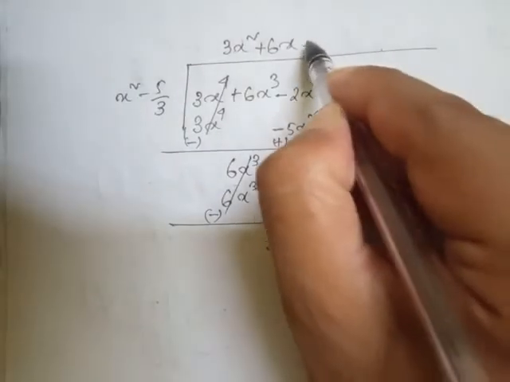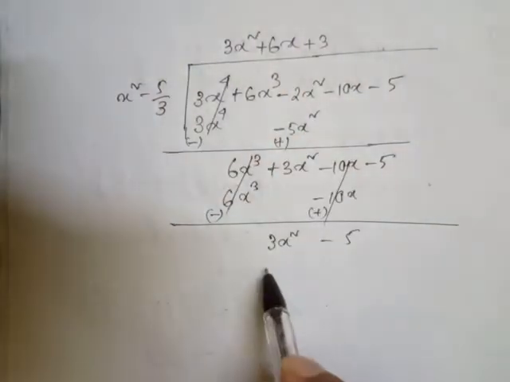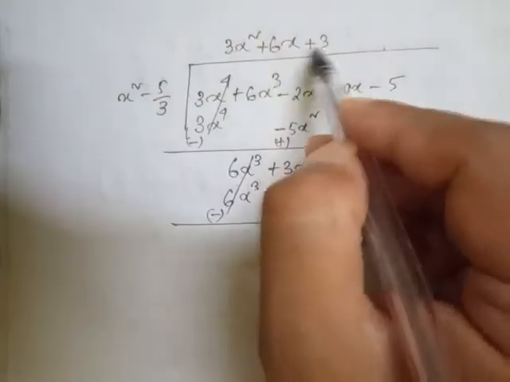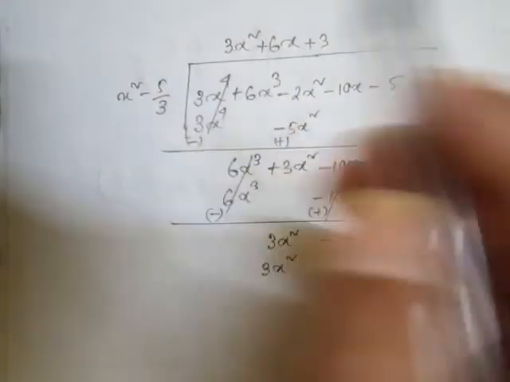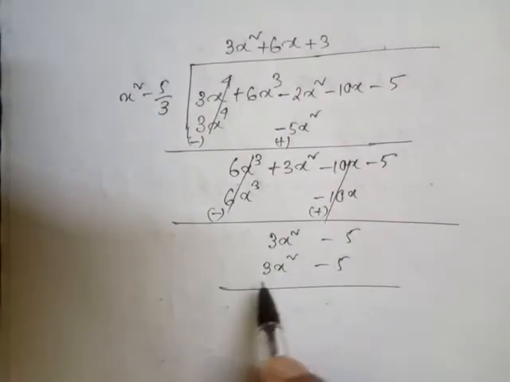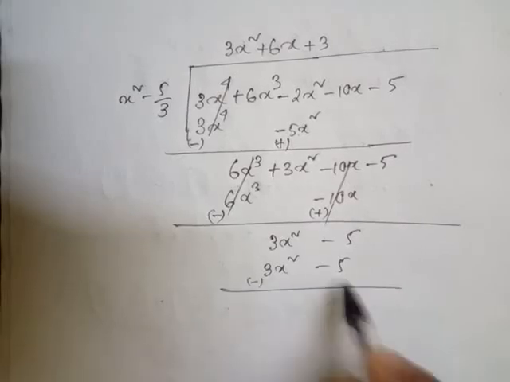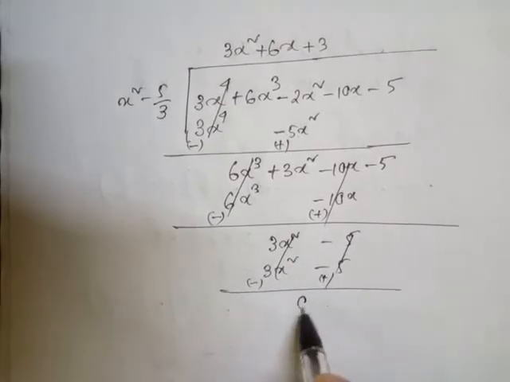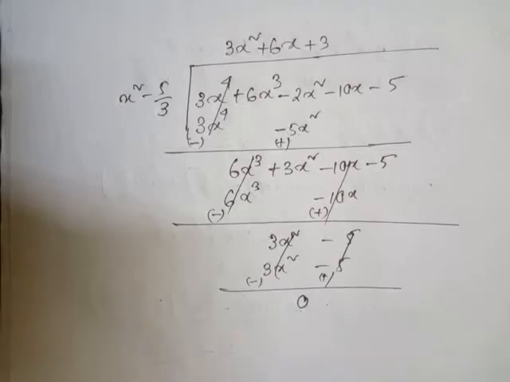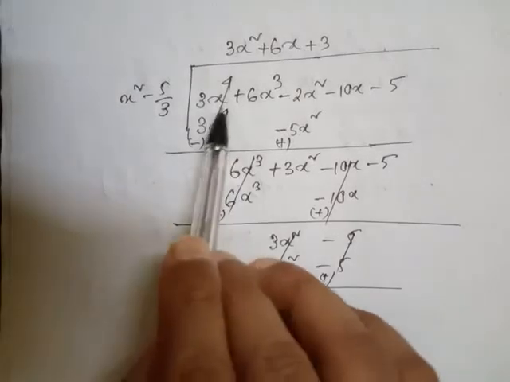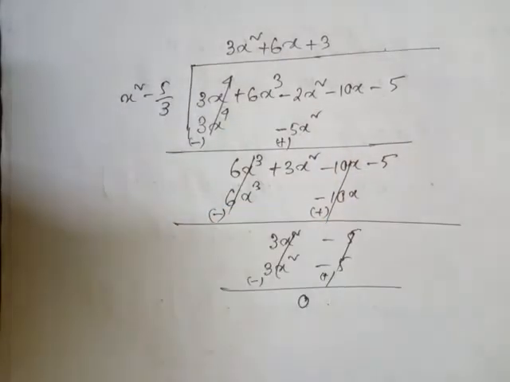So I will just put down here 3 into x, 3x square. Now 3 and 3 cancel and minus 5 will be here. So again the sign will change. So minus becomes plus, cancel this, the remainder is 0. So students, we can say that this value equals this into this. So obviously we'll write this one here.